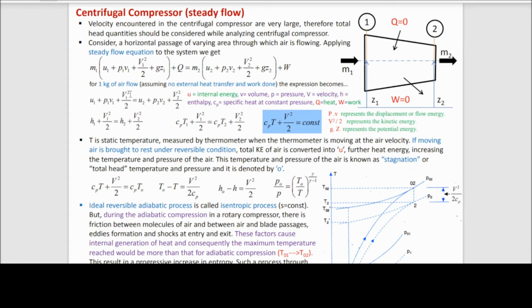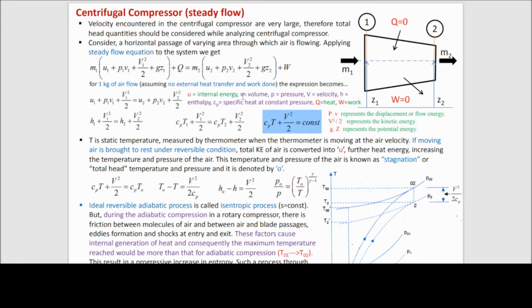For 1 kilogram of air flow, with no external heat transfer and work done, the equation becomes U1 plus P1 V1 plus V1 square by 2 is equal to U2 plus P2 V2 plus V2 square by 2, the same energy equation. Now work in is there, so we will consider that.